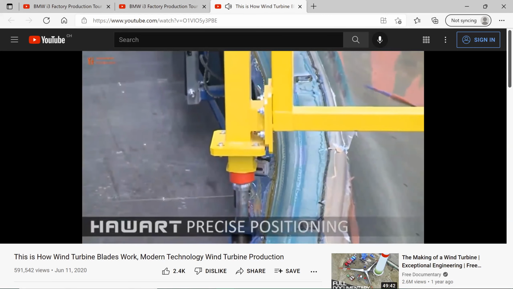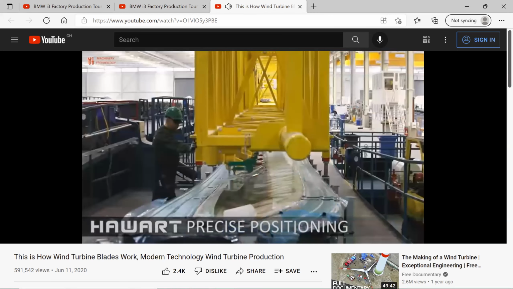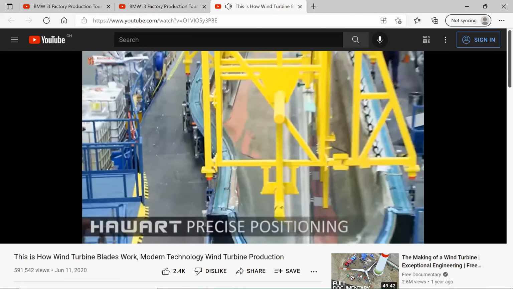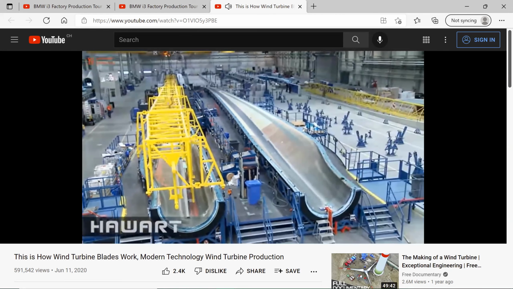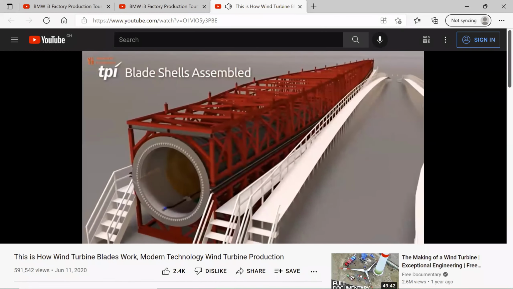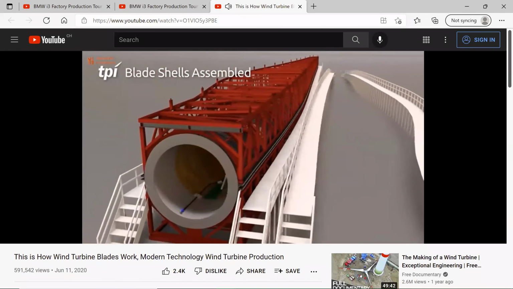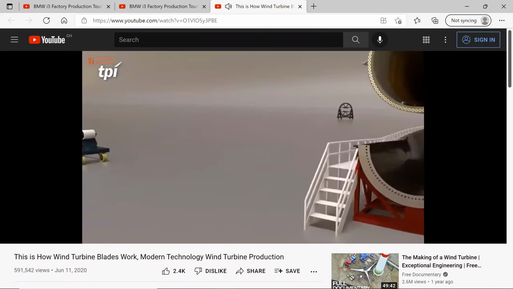Mostly, otherwise you have 3 blades. They're different weights. They're going to wobble on. Then you assemble the shells together with the wedge in the middle.